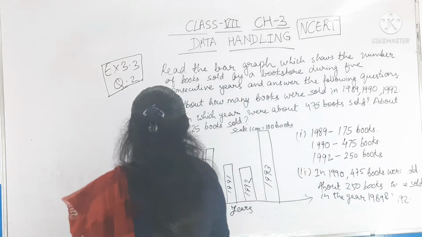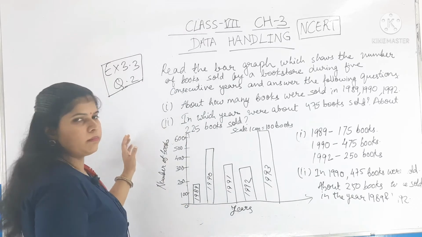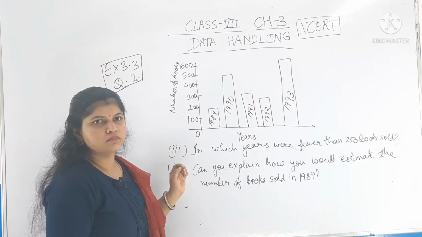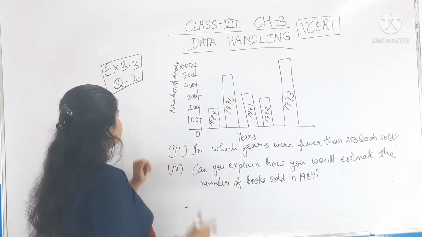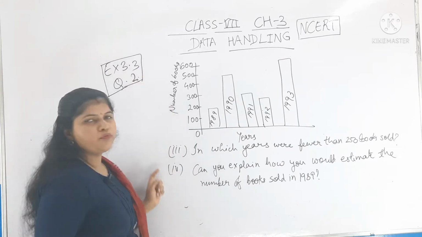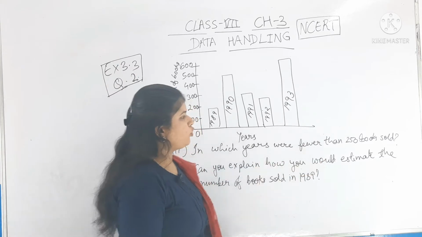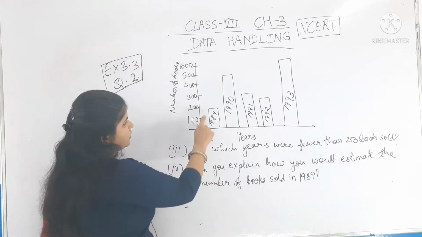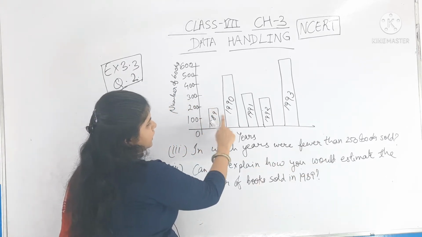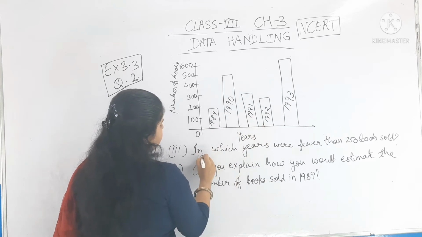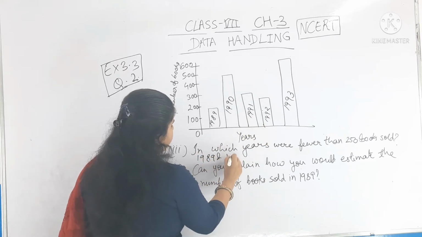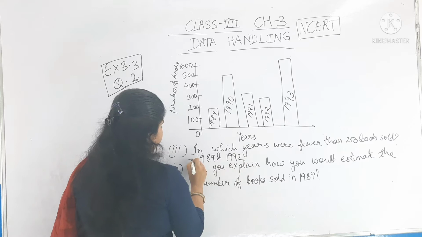So this is the answer for question number 2. Okay, the third and fourth parts are left for question number 2. In which years were fewer than 250 books sold? So here you can see that less than 250 is 1989 and 1992. So here your answer is 1989 and 1992.